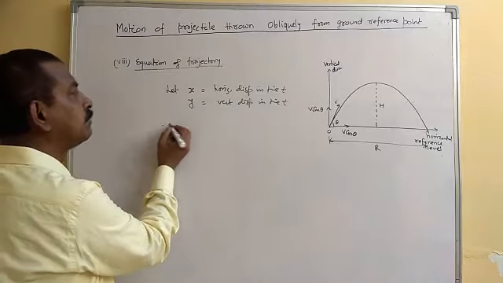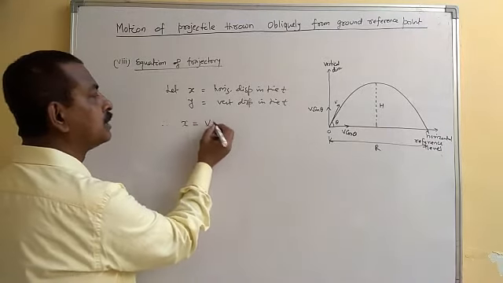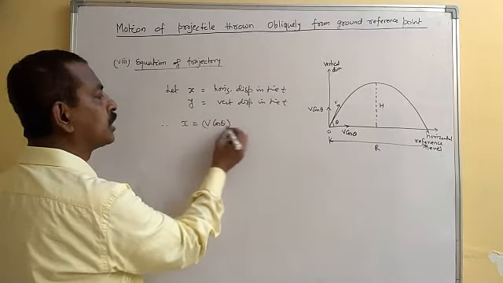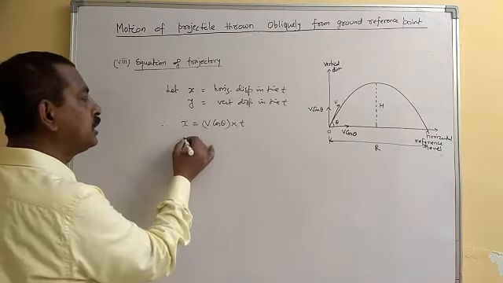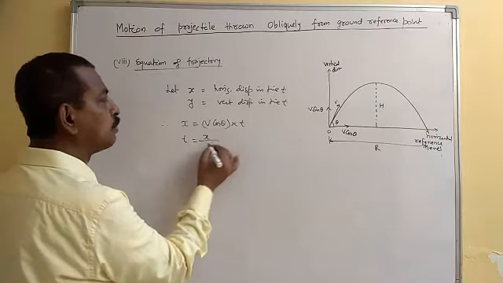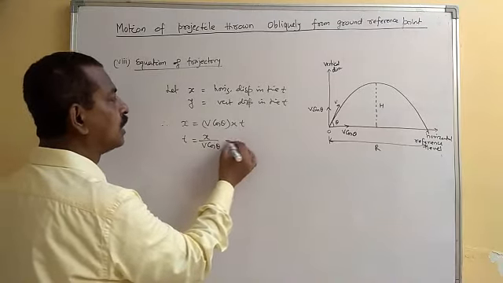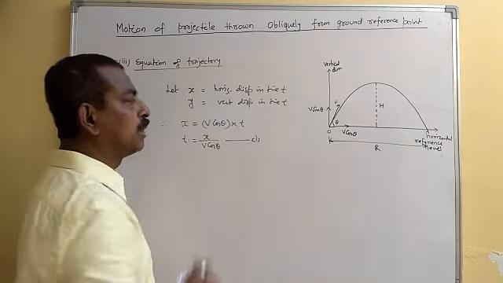So obviously for x, we can write this will be v cos theta, the horizontal velocity, multiplied by the time. So t will be equal to x by v cos theta. Suppose I call it equation number 1.